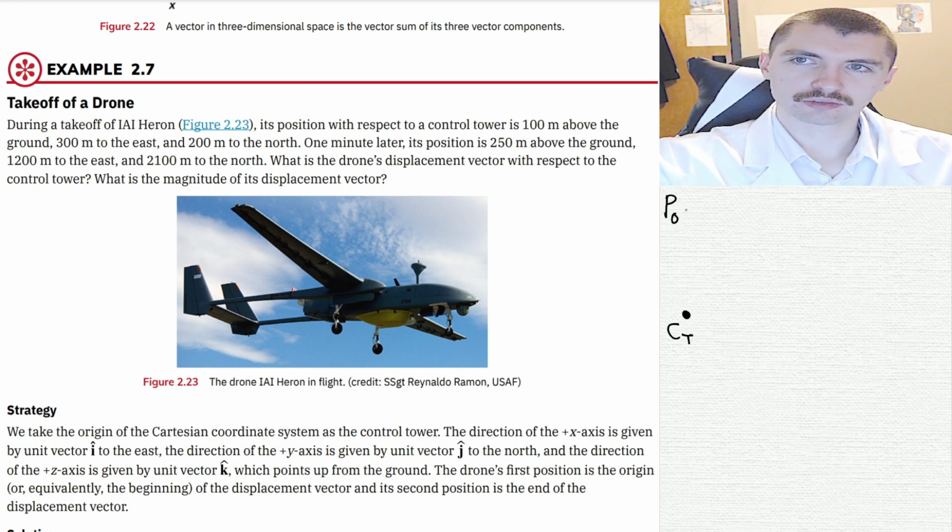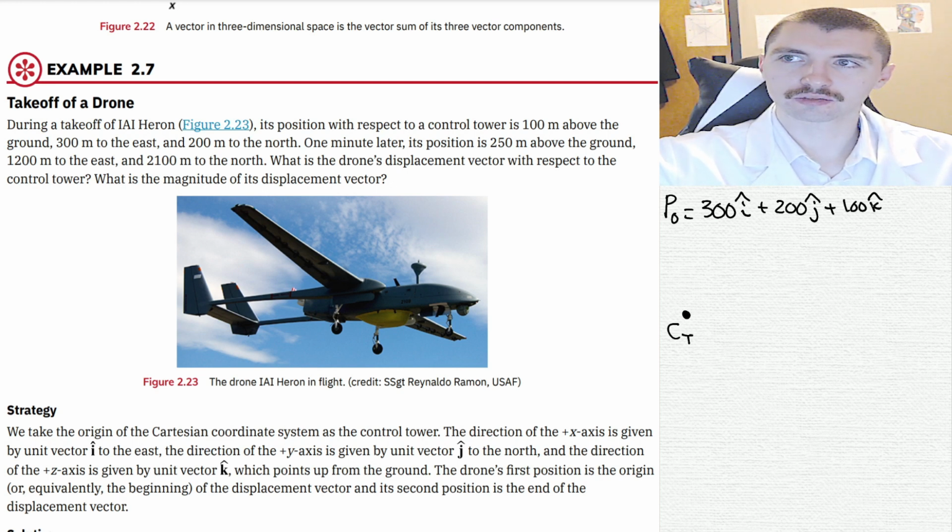The initial position is, let's say, 300 I, 200 J, and 100 K. So that's its initial position.